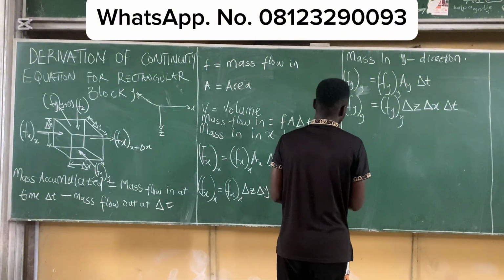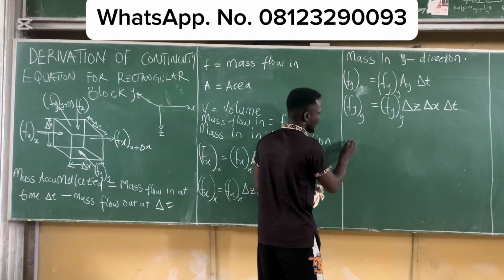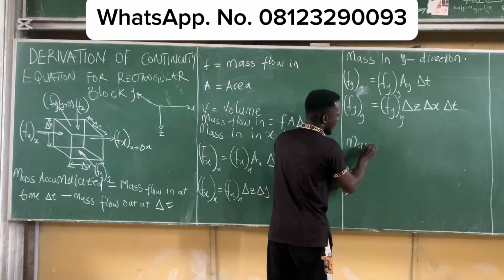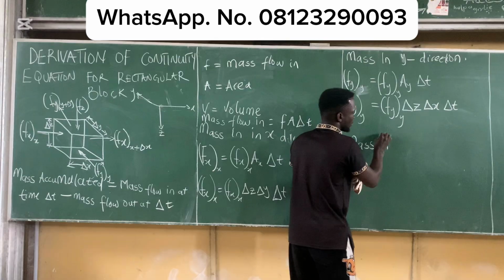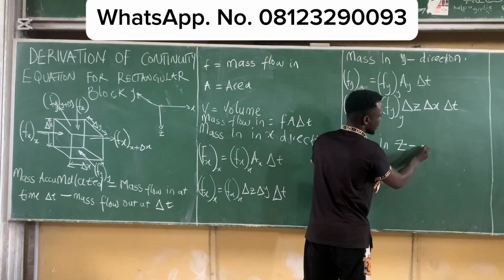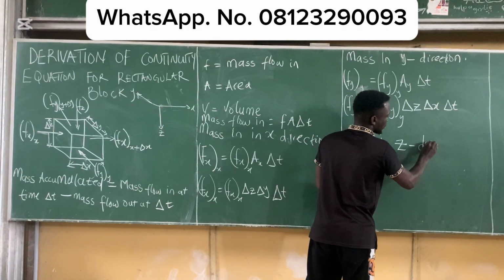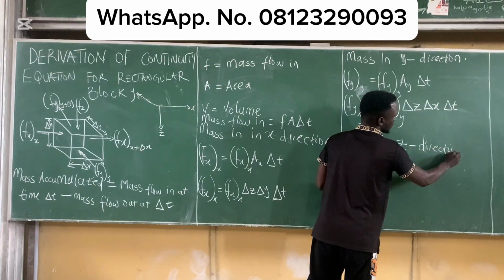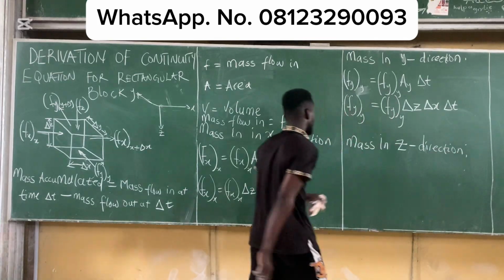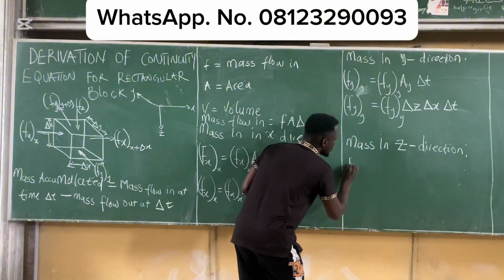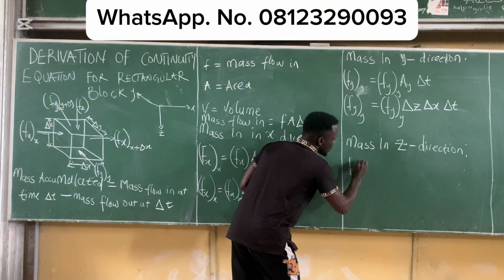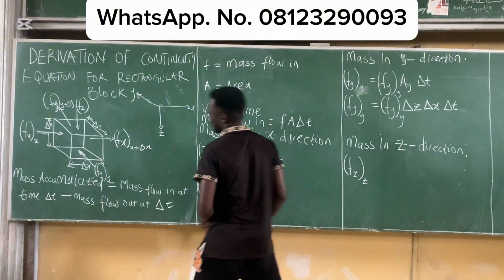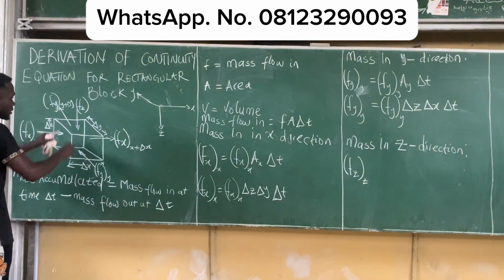Next step now is to get the mass that flows in z direction. In z direction now, our mass that flows in becomes F of z, subscript z. We've already written it here. Remember, it's coming downward.